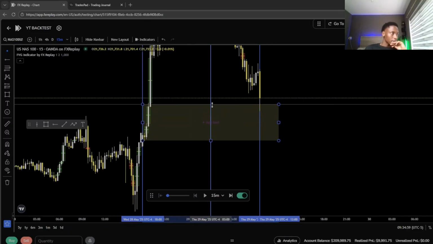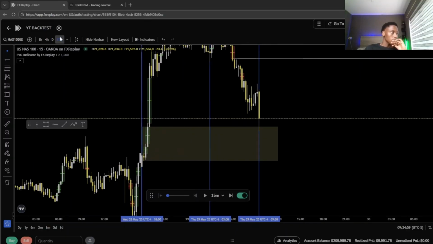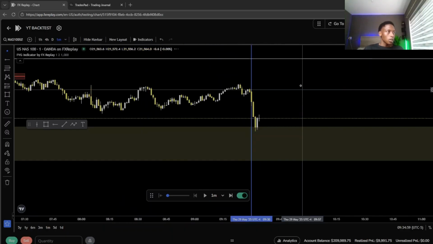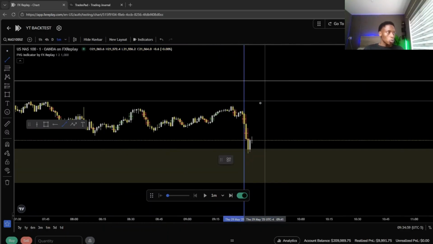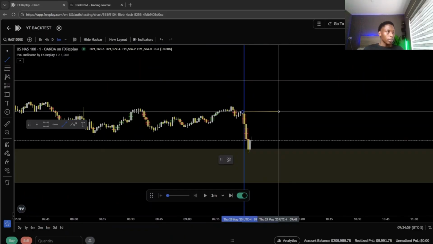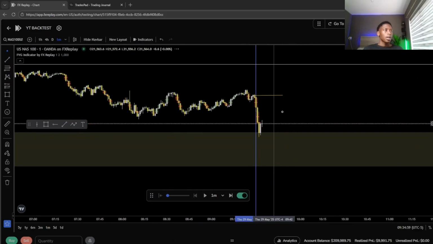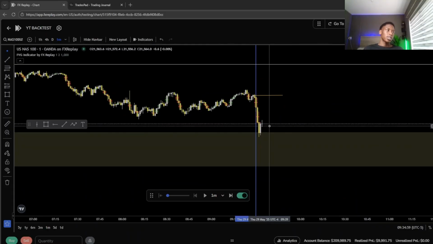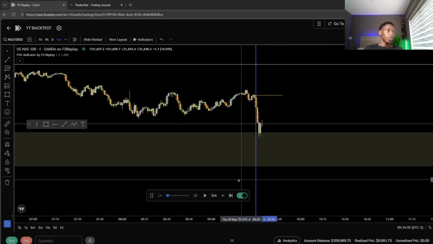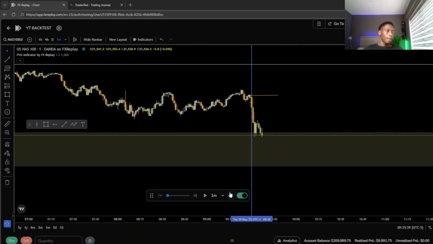It's the last line of defense. And then it needs to break above this high, and then we can go forward. These meet all my conditions. I just want to get an entry confirmation. If I can get an entry confirmation, we on.